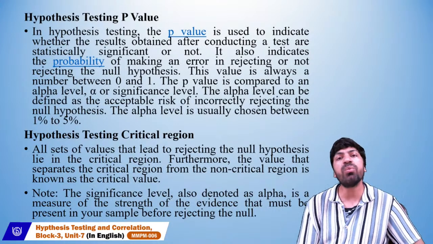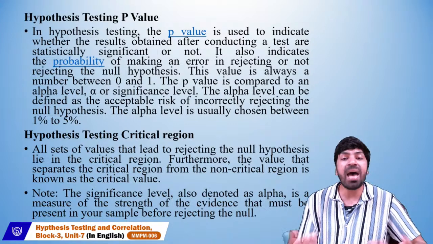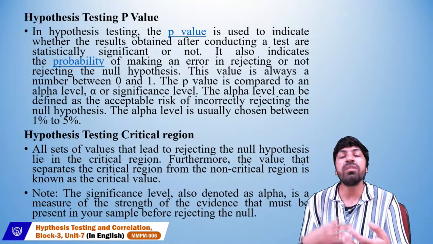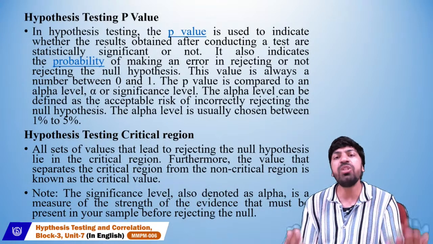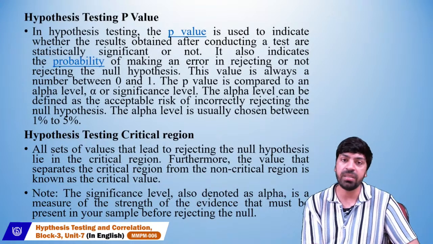That means it also indicates the probability of making an error, either rejecting or not rejecting the null hypothesis. The p-value indicates whether to reject the null hypothesis or not to reject it.